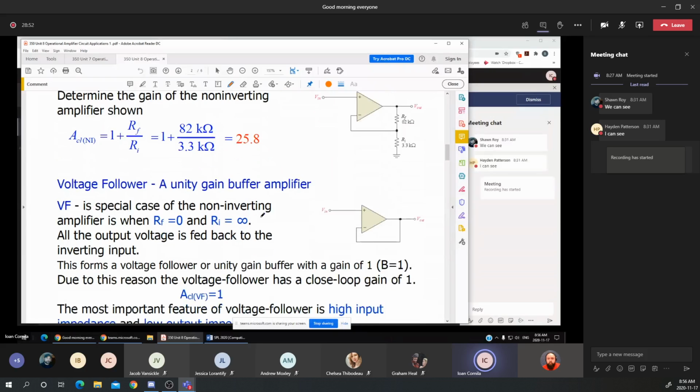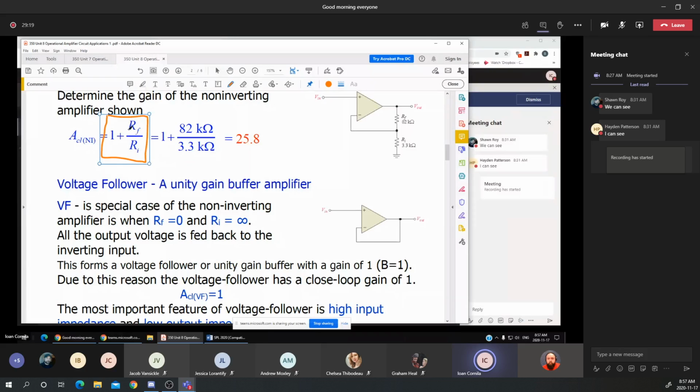Now, a particular case of this circuit is called the voltage follower. What is a voltage follower? I'm looking at this equation here. You notice that for the gain of a closed loop non-inverting amplifier, I have the ratio of the two resistances, RF over Ri.